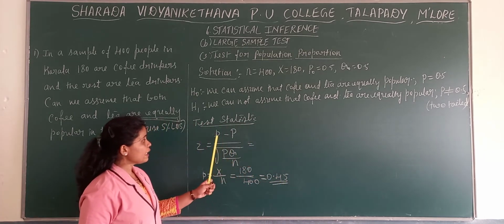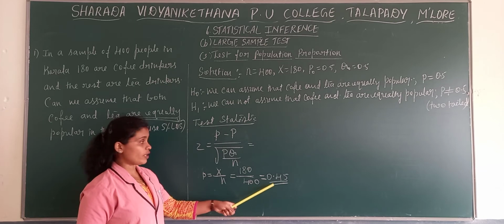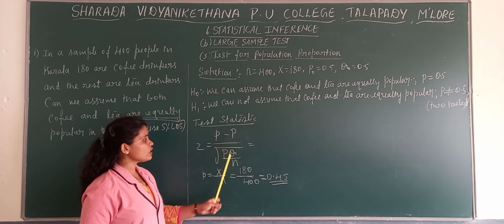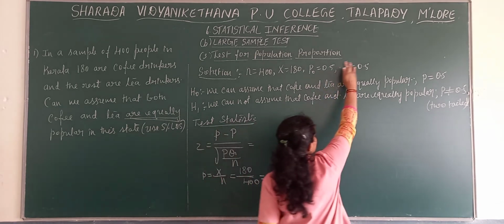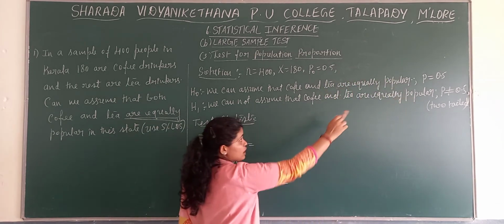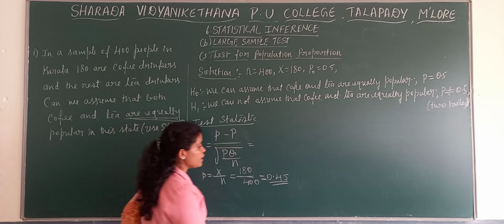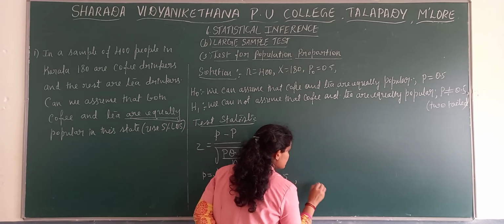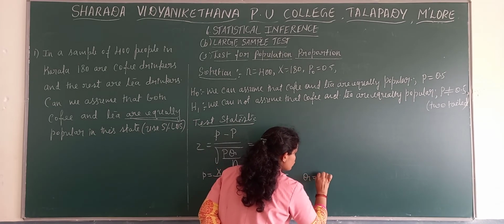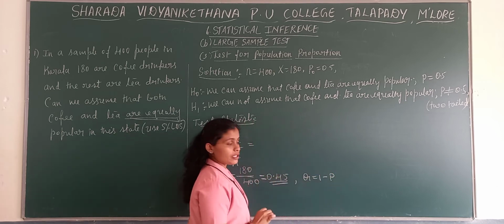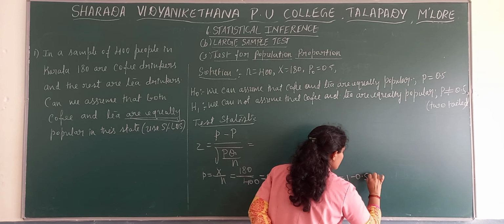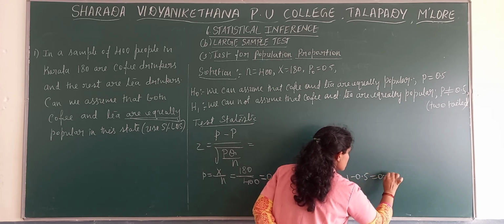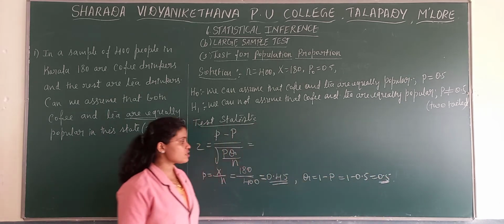So we get p as 0.45, and we know that P and Q are equally distributed. So we have taken P as 0.5. If P is 0.5 then Q is equal to 1 minus P, so that is 1 minus 0.5, so Q is equal to 0.5. Just show it here.